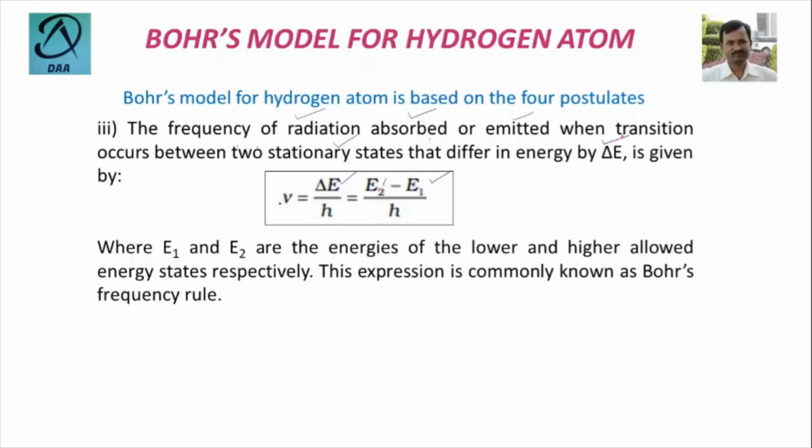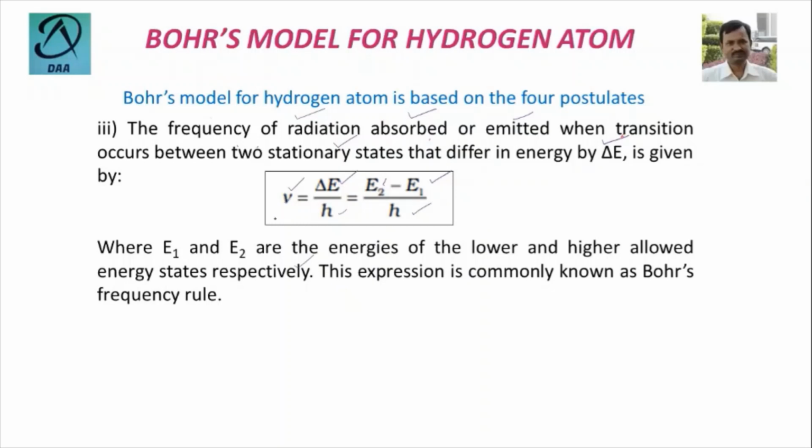In this case, the frequency is equal to delta E by h, where h is the Planck constant, which we explained in our previous class. Ultimately the frequency will be E2 minus E1 by h, where E1 and E2 are the energies of the lower and immediately higher allowed energy states respectively.